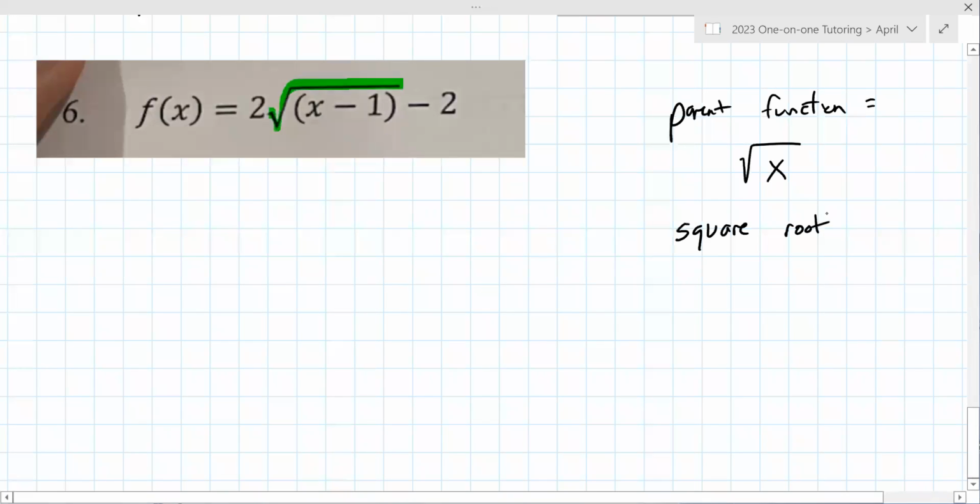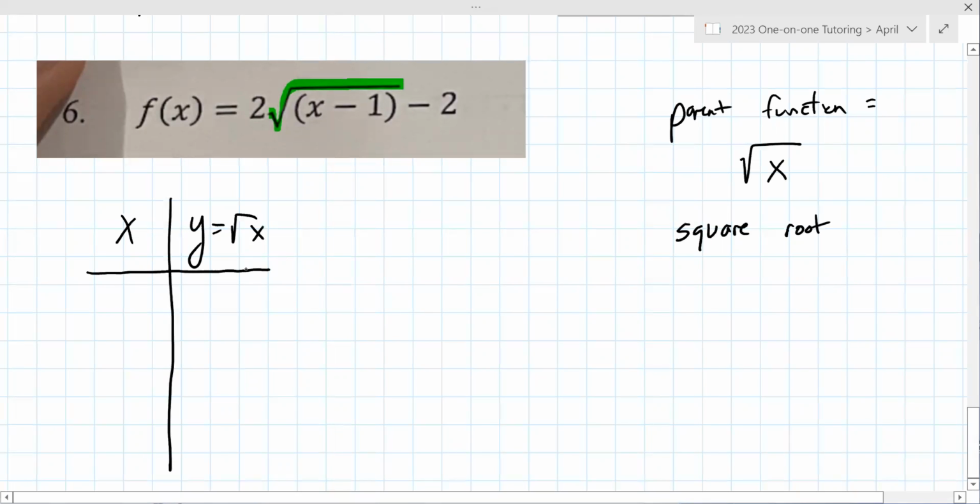Yes. Okay. Now this is important. We want to know the parent function, and it's a new parent function this time. So x, y equals the square root of x. Its new values are 0, 0, 1, 1, and 4, 2.